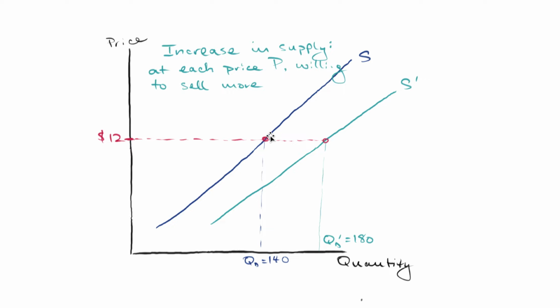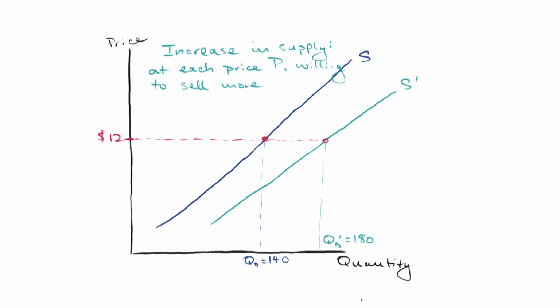On the dark blue curve, the producer was willing to sell 140 widgets at a price of $12. After some increase in the supply, at the same price, $12, the producer is willing to sell 180.